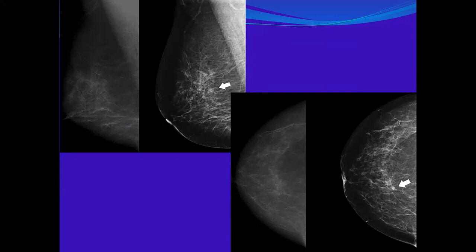So what is next? I can see the patient after the next 3 months as BI-RADS 3, or do a compression view. Okay, let us wait here.